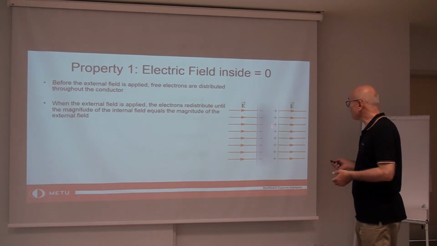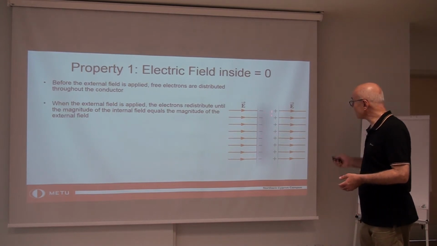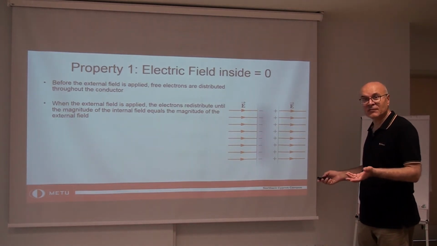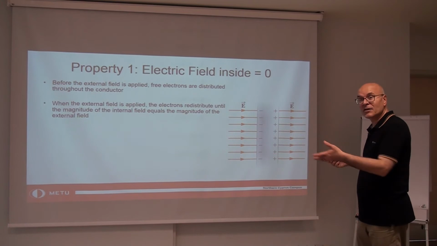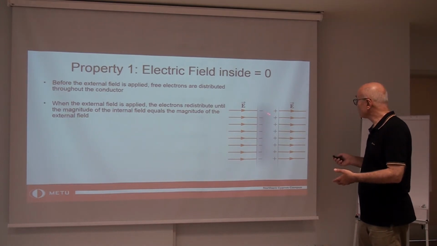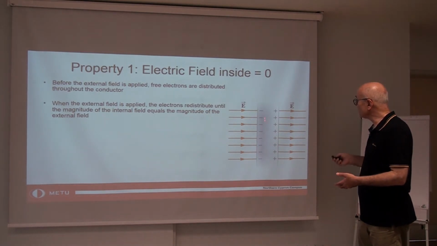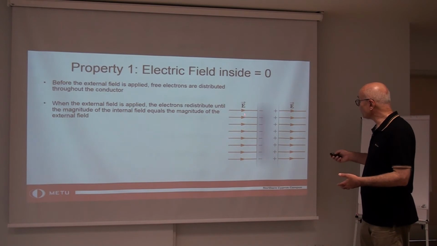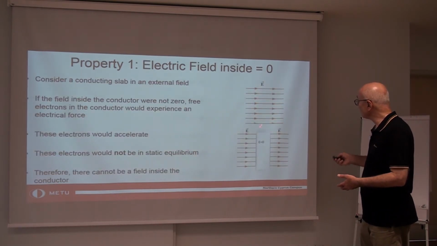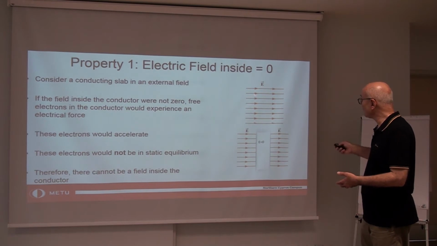Therefore, the electric field here being zero in static equilibrium is a result of the conductor becoming polarized. You have a positive charge here and a negative charge here, and they produce another electric field which cancels the electric field that used to exist here. You remember, originally in this vicinity we had an electric field.